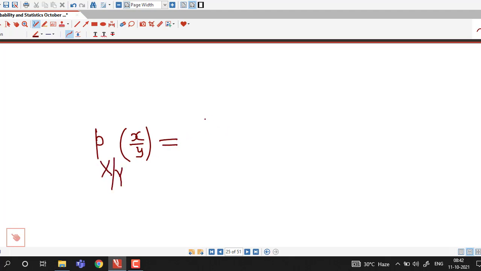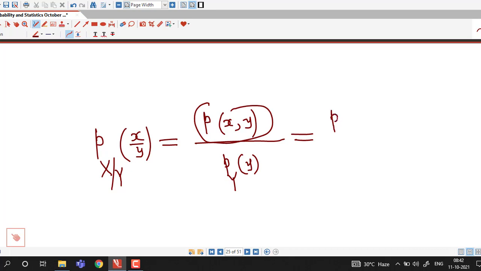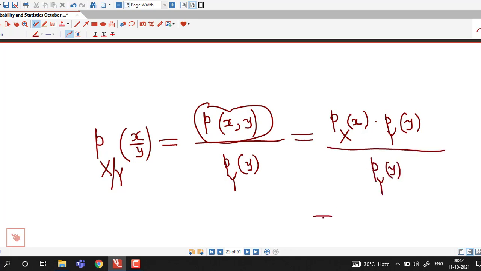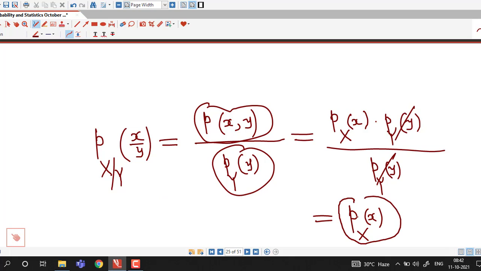By definition this is equal to P of xy divided by py. If x and y are independent, this is px into py divided by py, as I just explained. Since py is positive when we define this, it cancels out. So if the conditional probability of x given y equals P of x, then also x and y are independent.